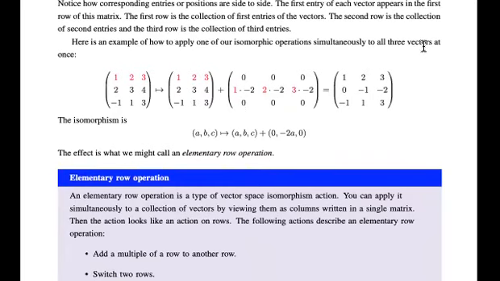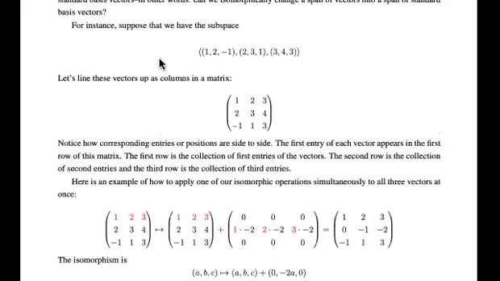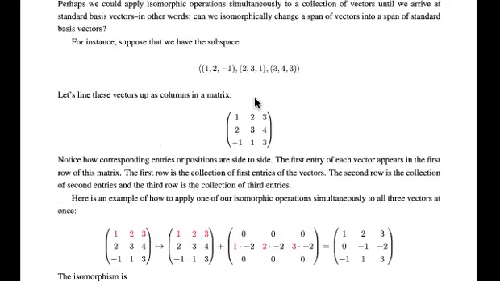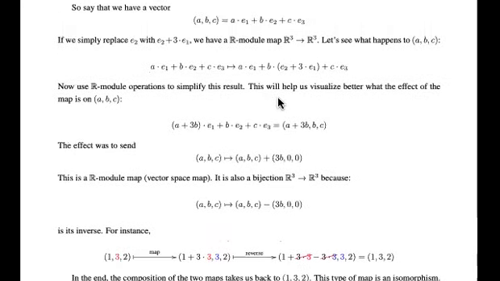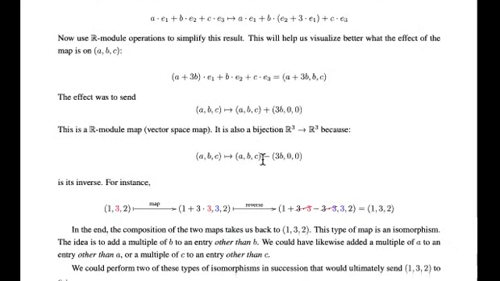So let's suppose that we have three vectors, and we're going to line them up in columns. The first row actually represents all the first entries. Just like here, we were replacing the first entry with itself minus a multiple of another entry.